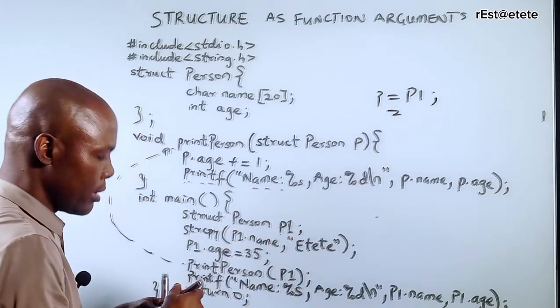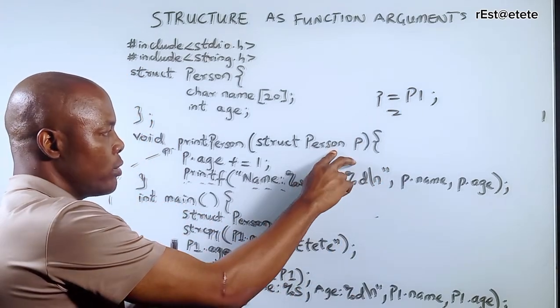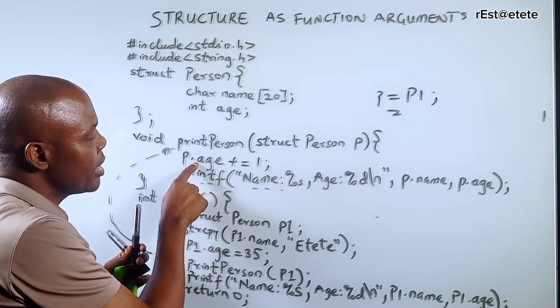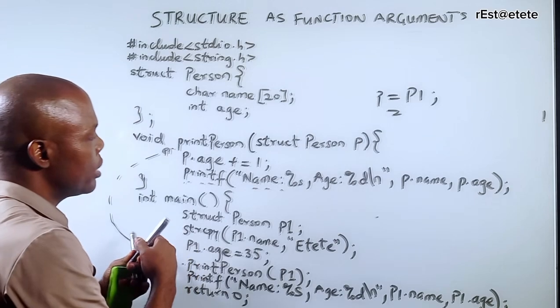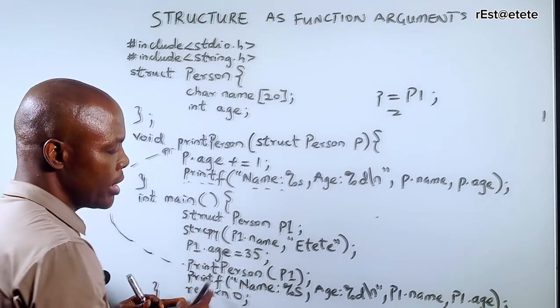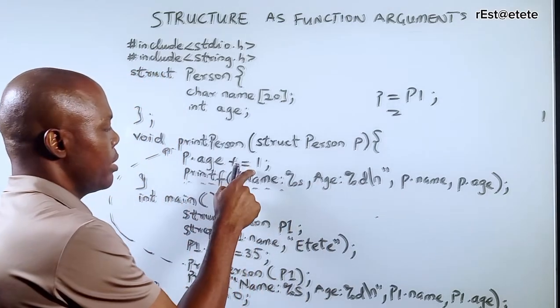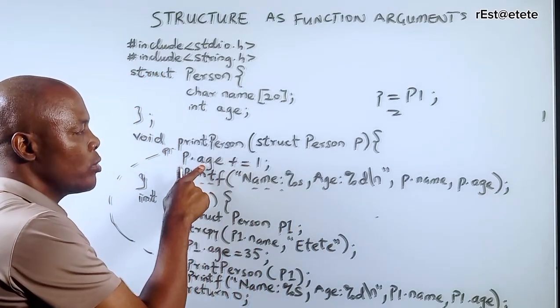So this is what is happening. So this P1 is given to this structure, and then it will come in and it will increment this one by 1. So what is the age? P1.age, it will access it. H is what? 35. It will increment it and reassign it back to age.